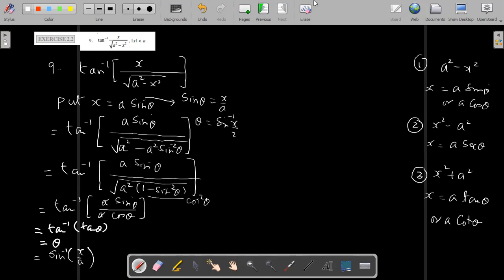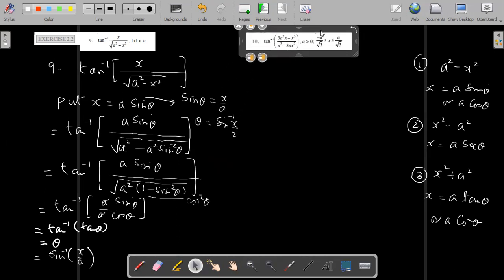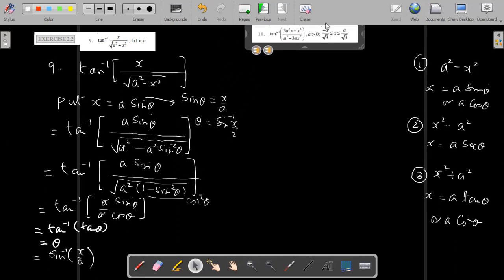So till question number 10 we have this type of question. One more question is there where we have to prove what the value of x is. This is question number 10.